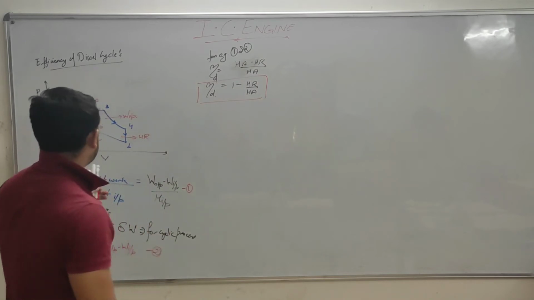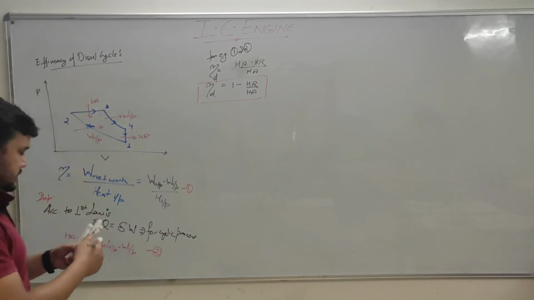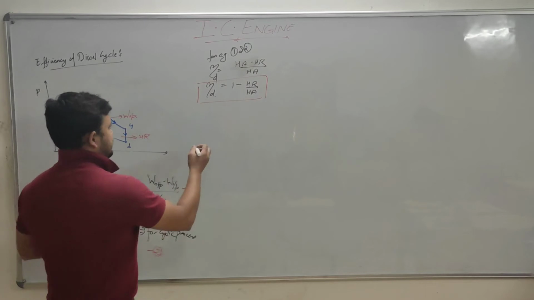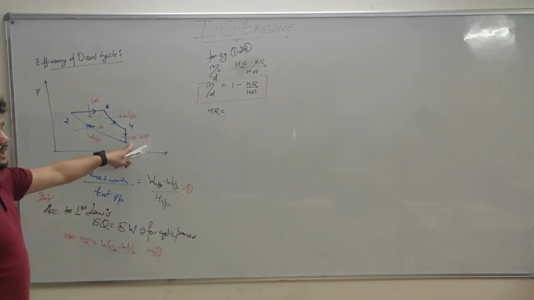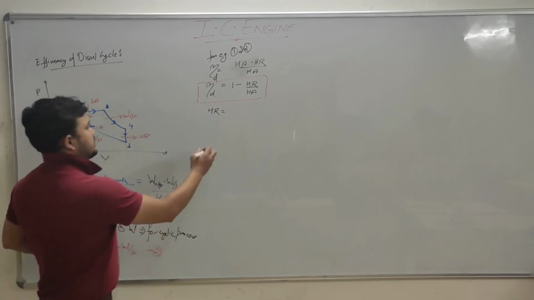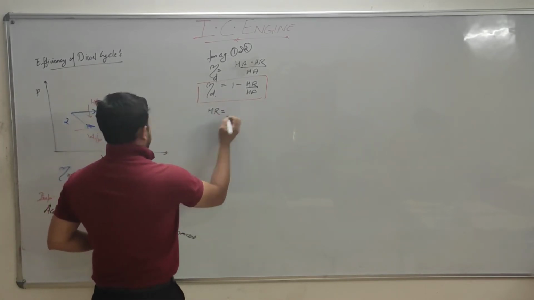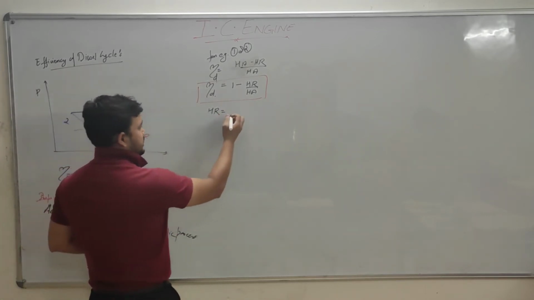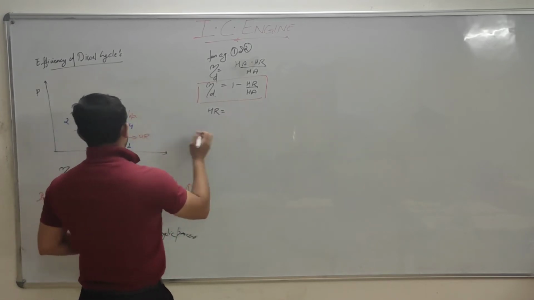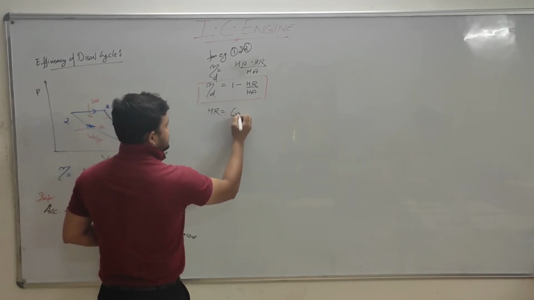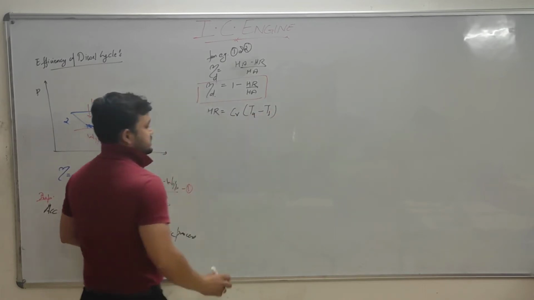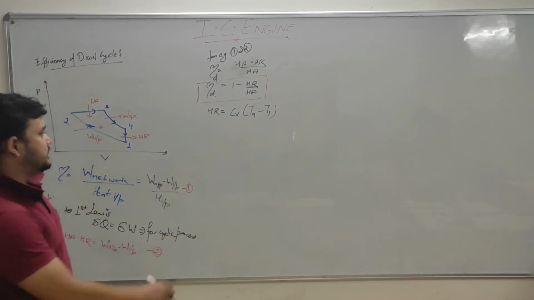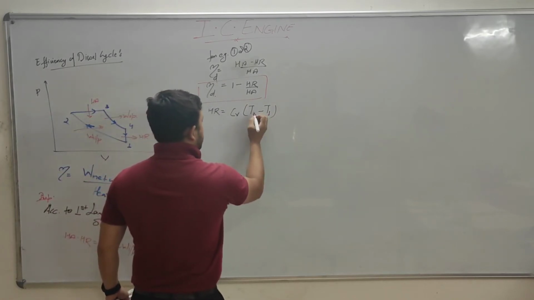Now first we will discuss the heat rejection. How much heat is rejected from the diesel cycle? Heat rejection will take place at constant volume, so per unit mass, it is Cv dT, which is Cv times T4 minus T1.